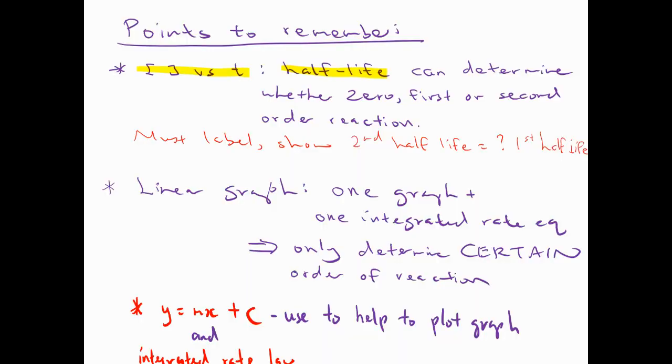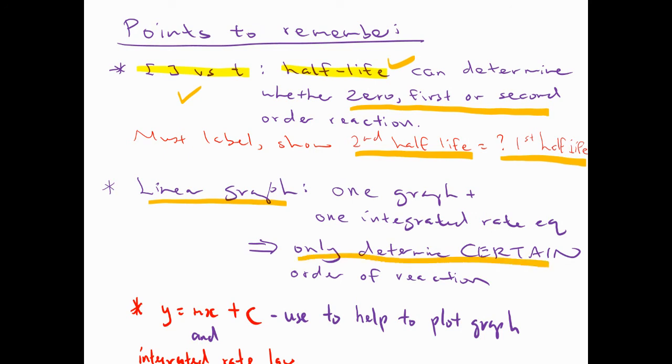The points to remember: concentration versus time with half-life can determine either zero, first or second order in just one graph. But remember to show the second half-life is how many times the first half-life. If you use the linear graph, it can only determine a certain order of reaction in one graph using just one integrated rate equation.